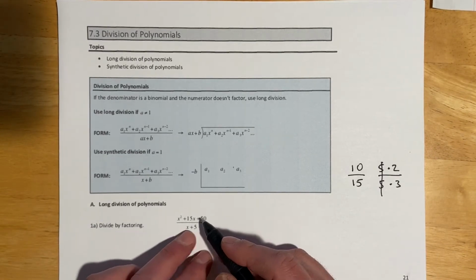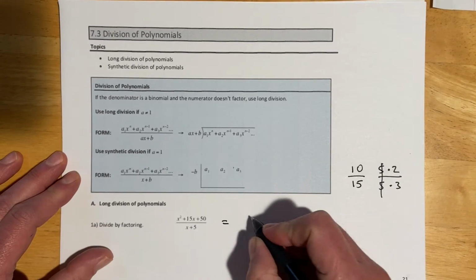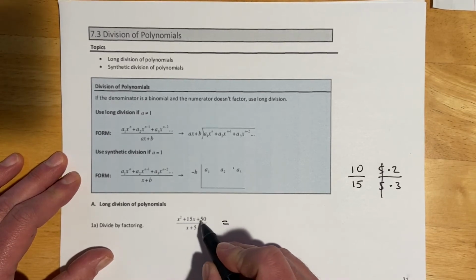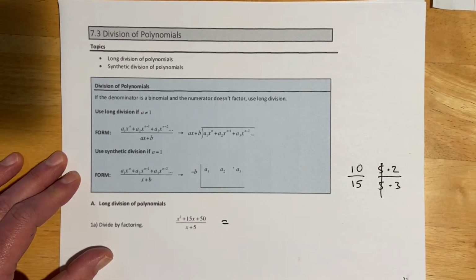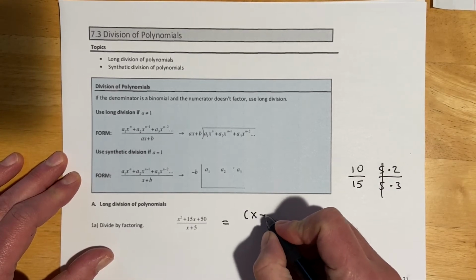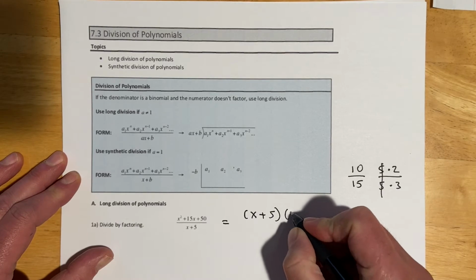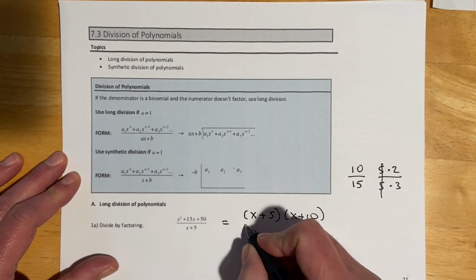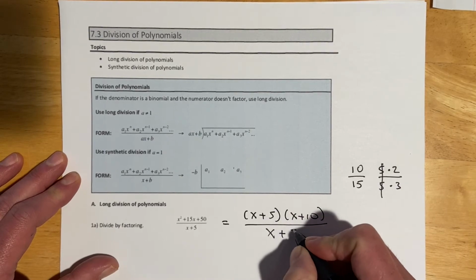And I can do that with polynomials as well. So here, this is x squared plus 15x plus 50. So we're looking for two numbers that multiply to be 50 and add to be 15. So that would be x plus 5 and x plus 10, which multiplies to 50 and adds to 15. That's over x plus 5.